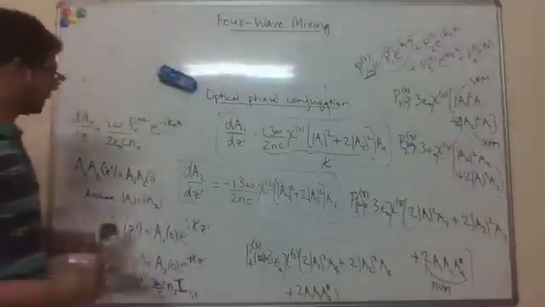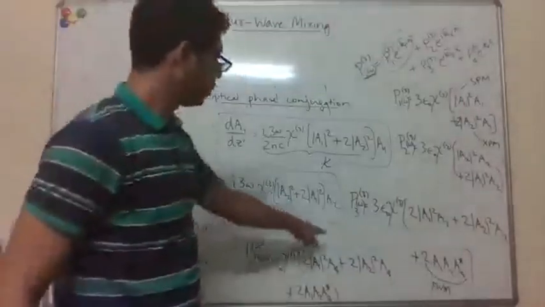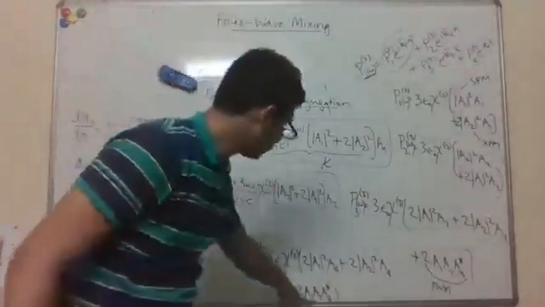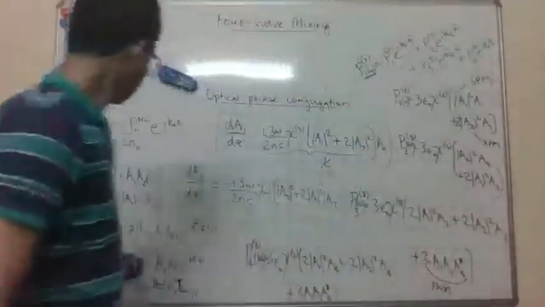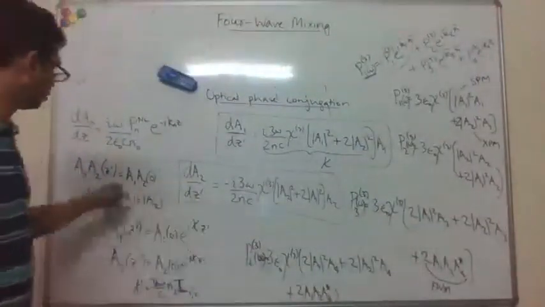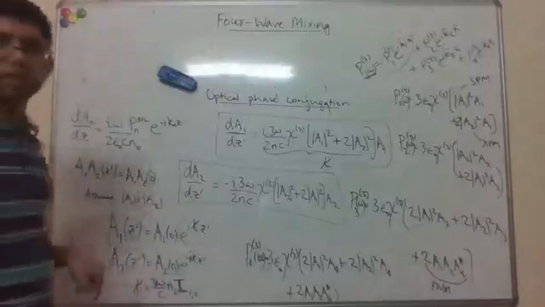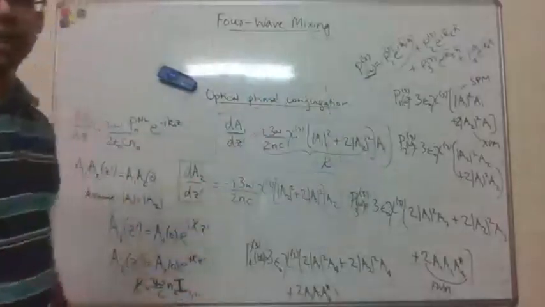Basically that helps us simplify the equation for 3 and 4, right? Because we get A1, A2 here. But we can just say A1, A2 is independent of that, it's just a constant, like the input intensity.